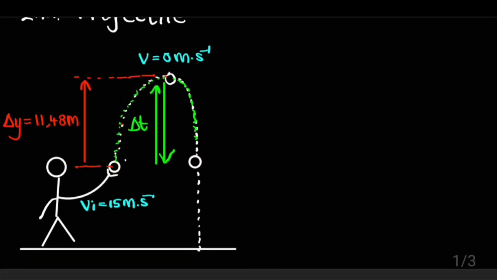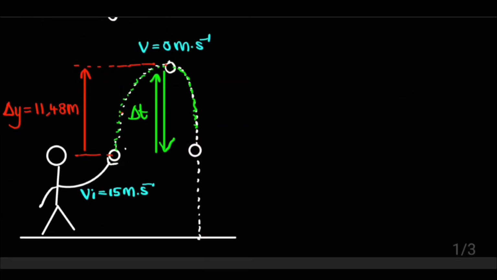It means that the time taken for the ball to be in the air, meaning from the time it was thrown up till it went to its highest point and came back to the hand, that entire duration, so once it reached this point again, that took 3.06 seconds.